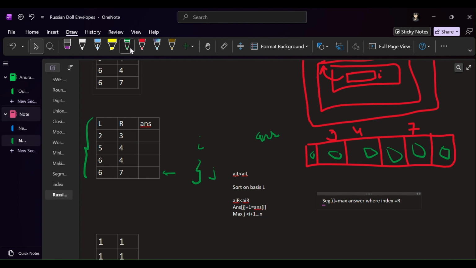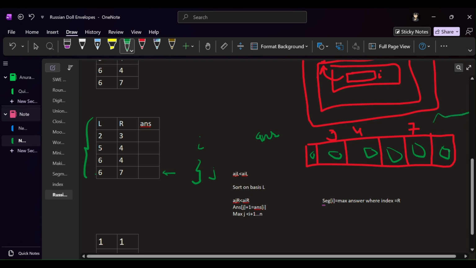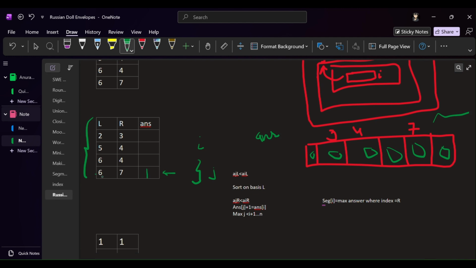When we want to calculate the answer for this, we need to find in the segment tree the maximum value from 7 plus 1 till the last index. The maximum is going to be 0, and 0 plus 1 is going to be 1. So for 6 comma 7, the maximum we are able to achieve is 1.